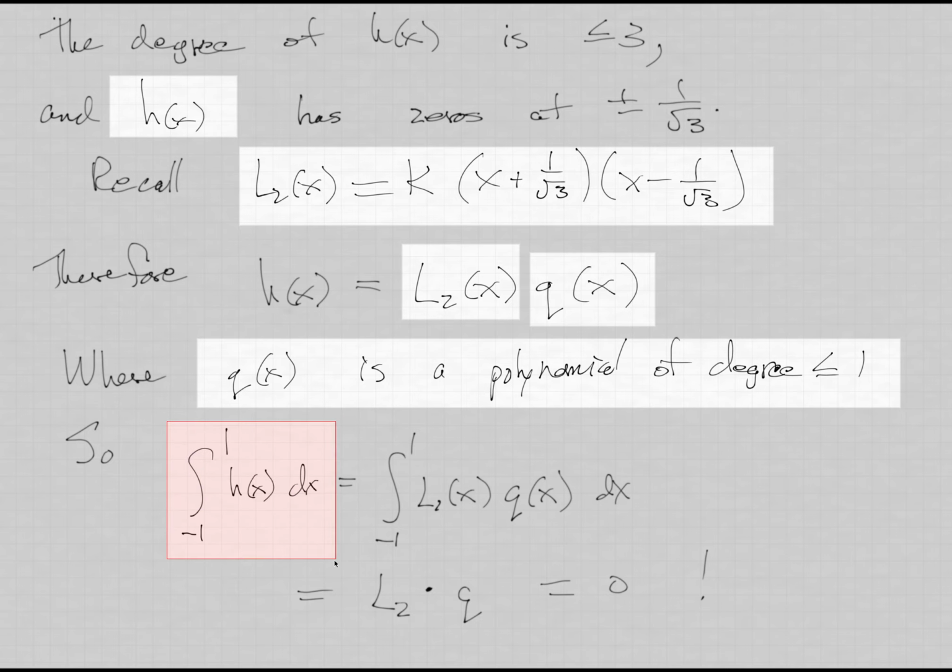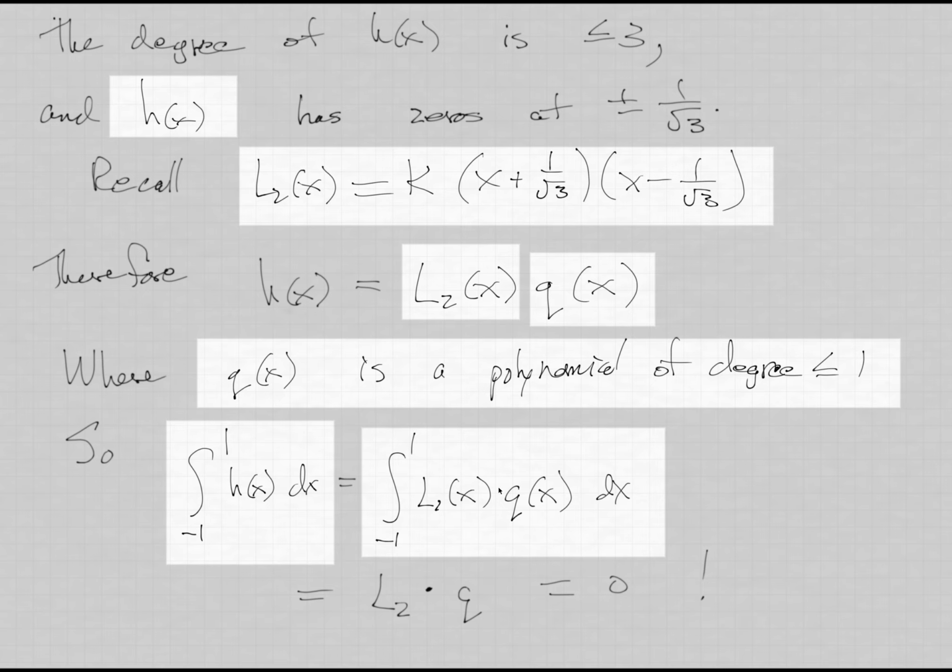That means that when we integrate h from -1 to 1, again, we can write h in terms of its factors. It's L2 times Q. This formula, where you integrate the product of two polynomials, is exactly how we define the dot product, the inner product in the space of polynomials.